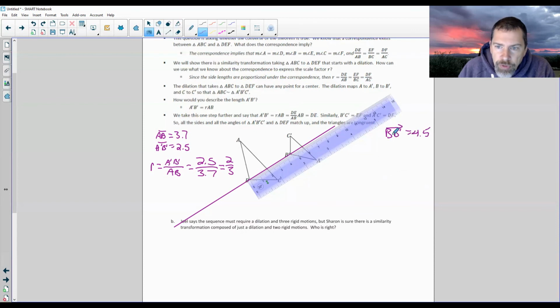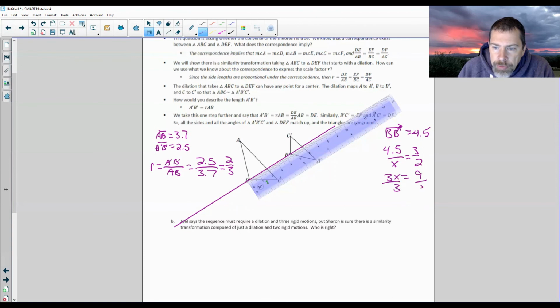So it's a segment. Let's just put segment and get rid of that. B to B prime is 4.5. Well, 4.5 is the larger distance. So I need the smaller distance, and 4.5 is to some length as 3 is to 2. So if we cross multiply, we get 3x equals 9.